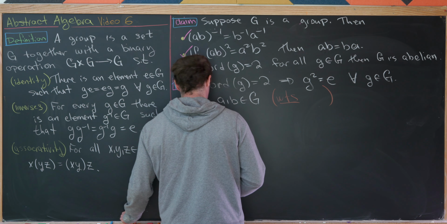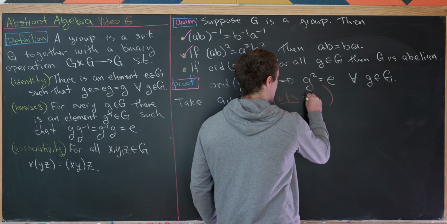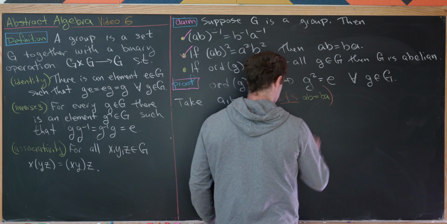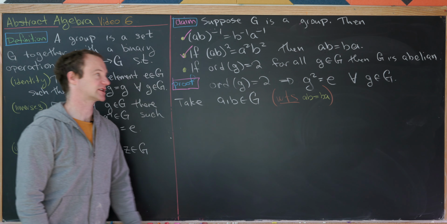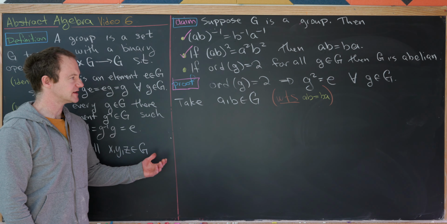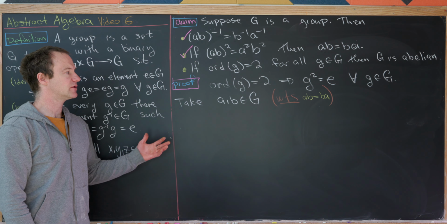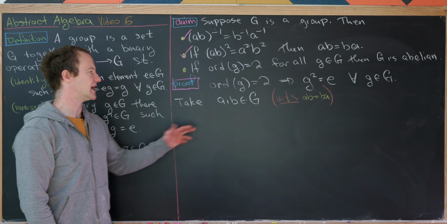So here, let's put that here. We want to show that little ab is equal to little ba, using, like I said, this fact right here. So the most obvious thing to do is to take little a times b and square it. We know that we get the identity. So let's do that.